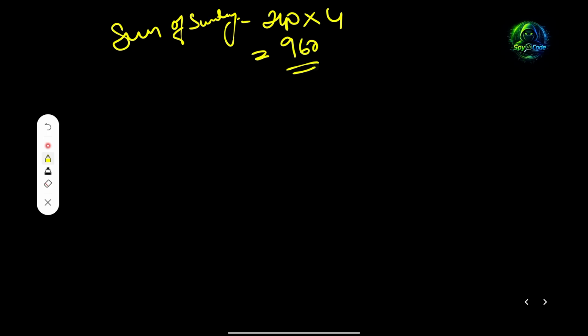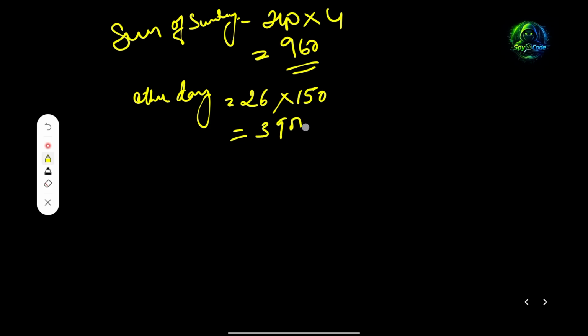So we'll get around 960 visitors on Sundays. So the other days: we have 26 days into 150 visitors, which is around 3900.